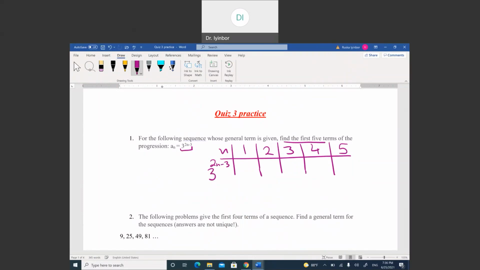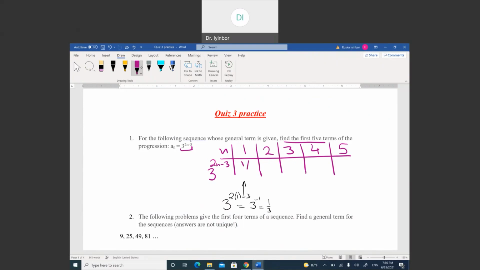First, when n is 1, you're going to substitute in this formula. N is 1, we'll have 3 with exponent 2 times 1 minus 3. So that will give me 3 with exponent 2 times 1 is 2, minus 3 is negative 1. 3 to the negative 1 exponent is going to be 1 over 3. So that's my first term, 1 over 3.